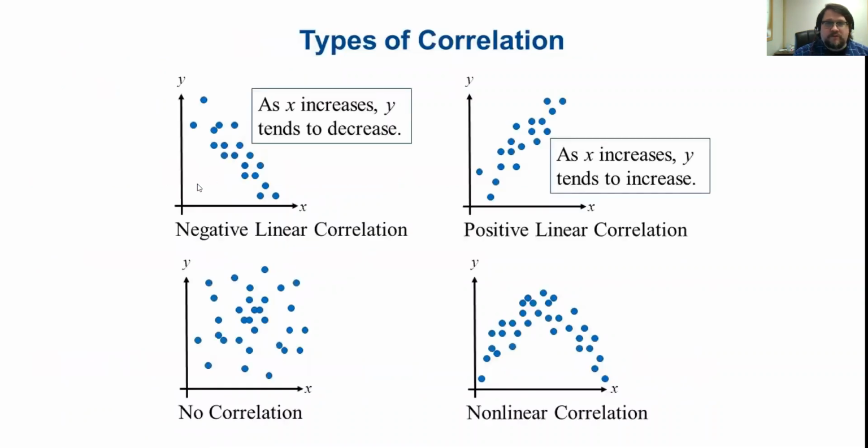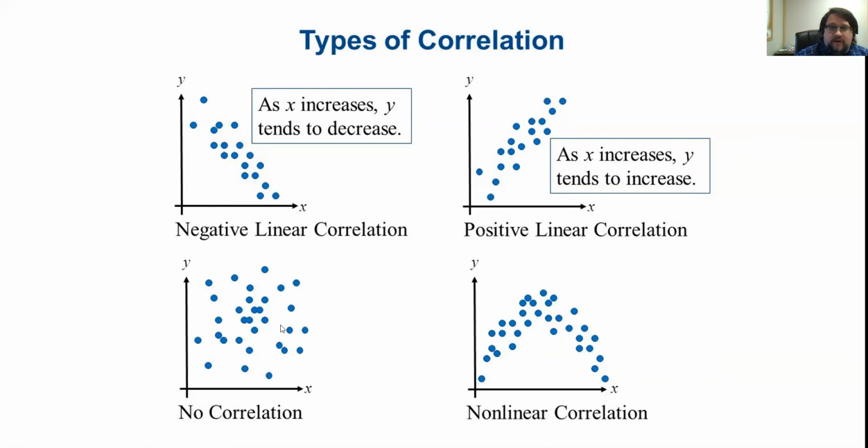All right, here are some types of correlation. For a negative linear correlation, as x increases, as you move across to the right, y decreases. If you remember your algebra, that means you have a negative slope if you were looking at a line. So you have a negative slope, negative linear correlation. As x increases, y increases, that would be a situation of a positive linear correlation, okay?